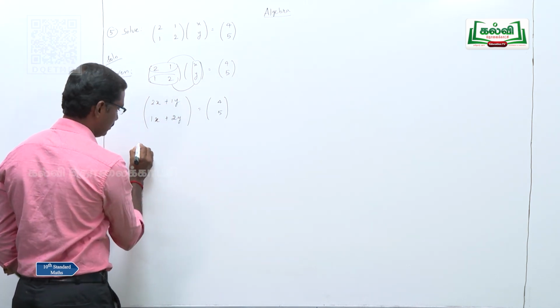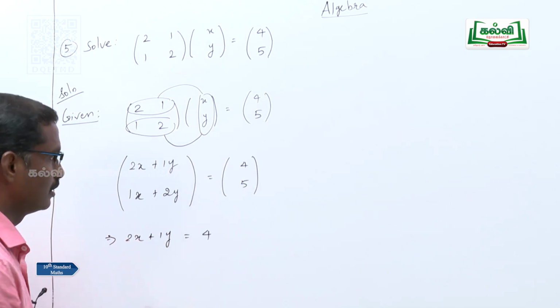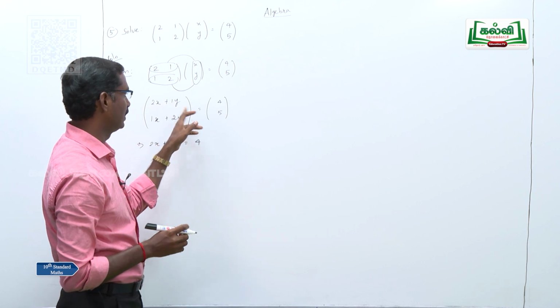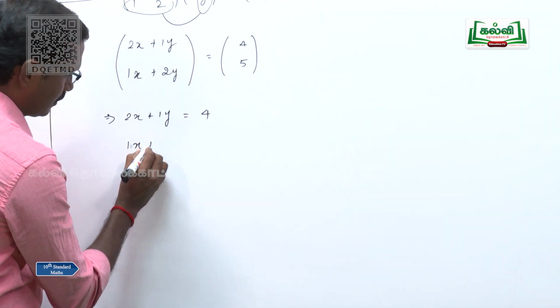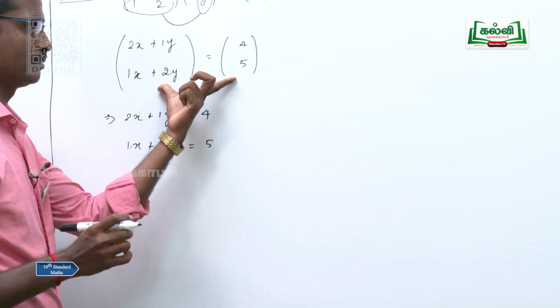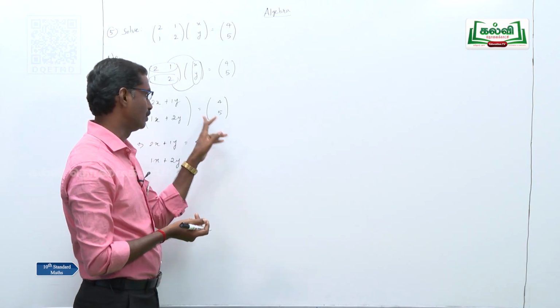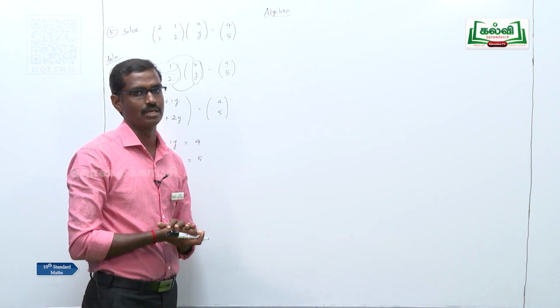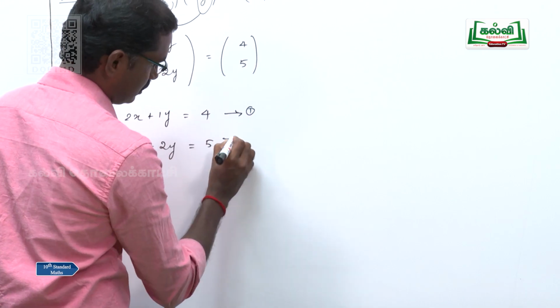The corresponding element for 2x plus 1y is 4. Next, 1x plus 2y equal to 5. Two matrices are equal means corresponding elements are also equal. This is equation number 1, this is equation number 2.